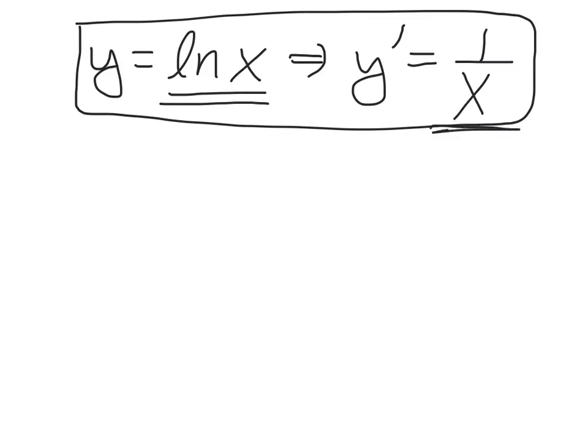As we see here, the logarithm doesn't even show up as part of the answer to the derivative. It just turns into 1 over x. But as we looked at logs of different bases, we see a natural log value show up.